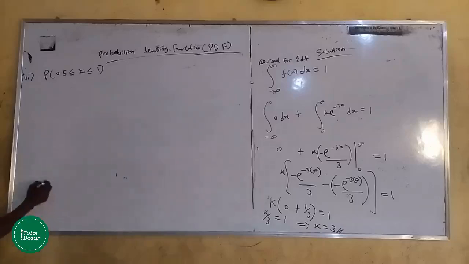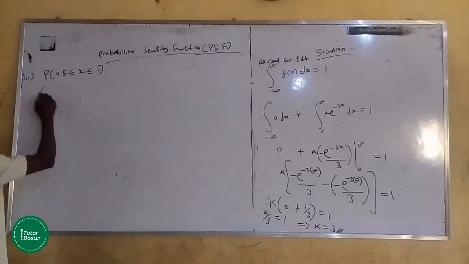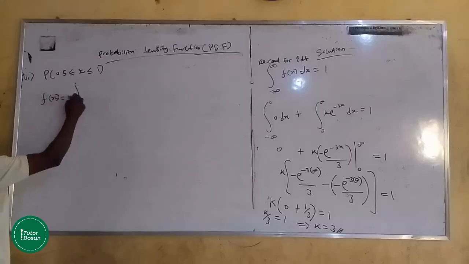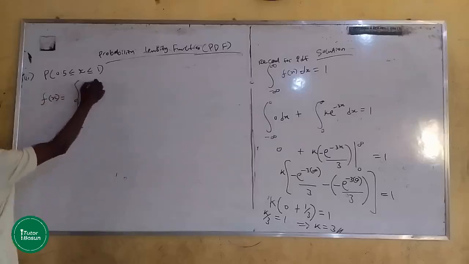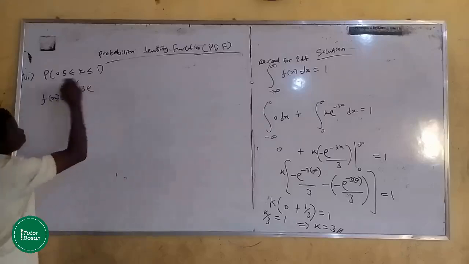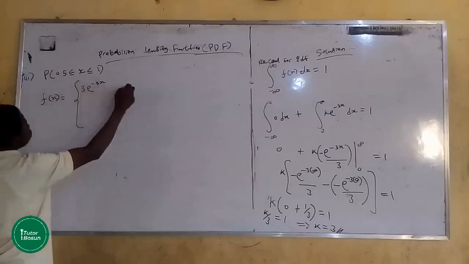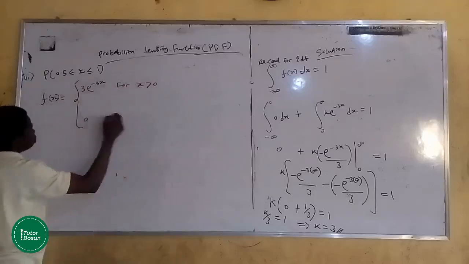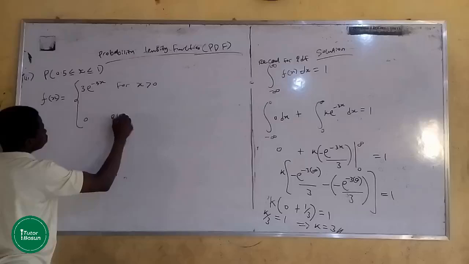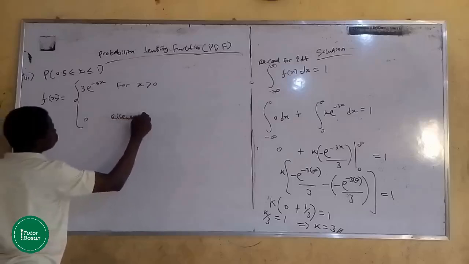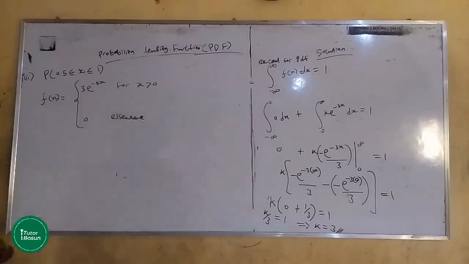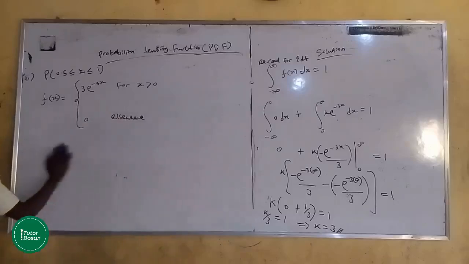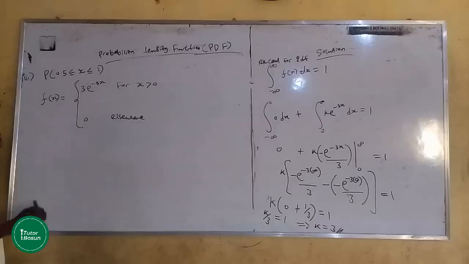So we can write the probability density function, PDF, f of x equals 3 exponential minus 3x for x greater than 0, and 0 elsewhere. Then we can easily determine our probability.